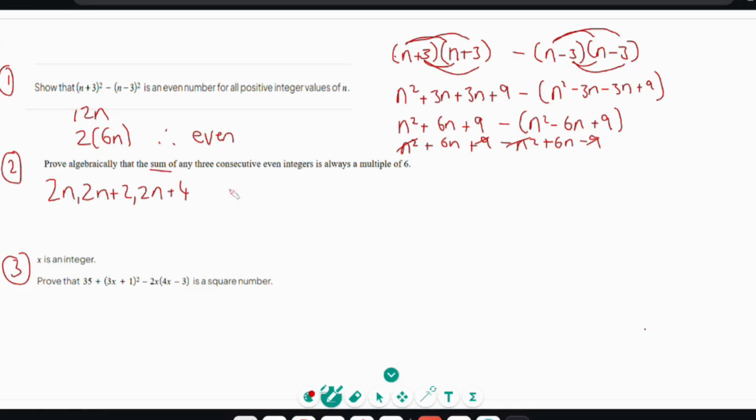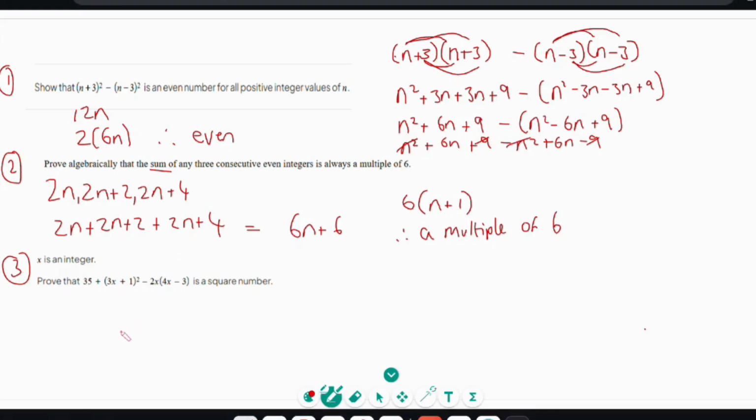The sum of these, so the sum means you're adding them together. 6n plus 6. Take out a factor of 6. So therefore a multiple of 6.